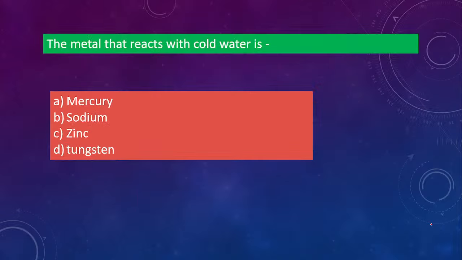Okay, let's do the next one. The metal that reacts with cold water is. This is an easy one. Do it. Option A mercury, Option B sodium, Option C zinc, Option D tungsten. कौन सा होगा?